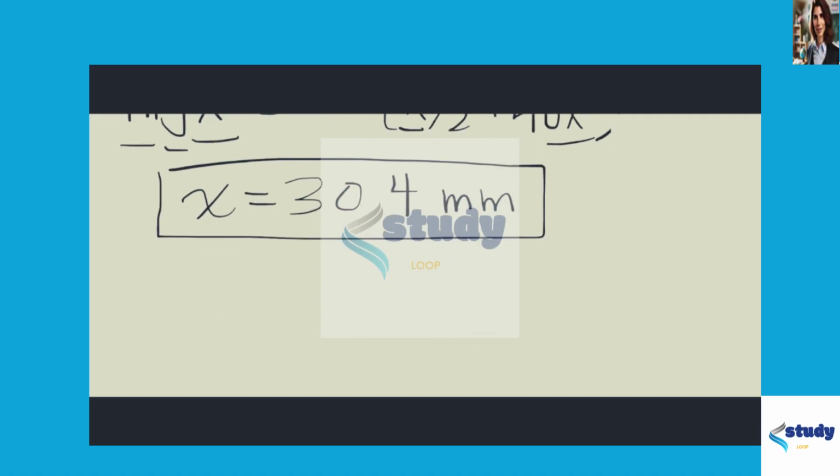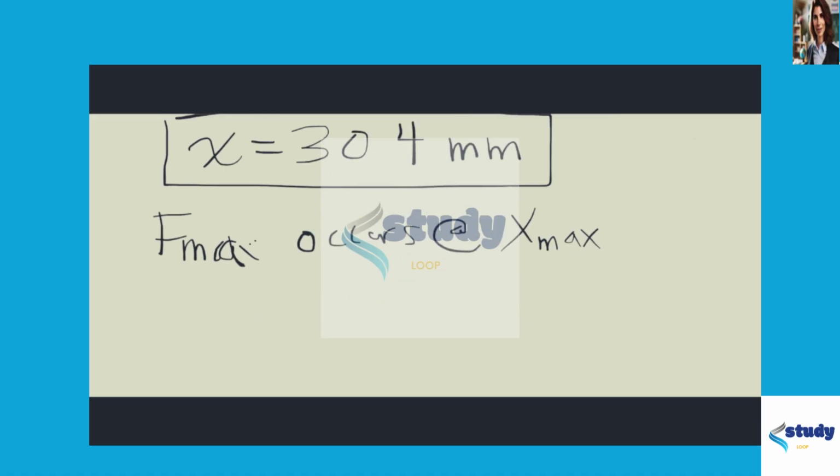Now again, we also see that the F max occurs at x max. So what this means is we just have to plug in this x max that we found here into our equation for the force.